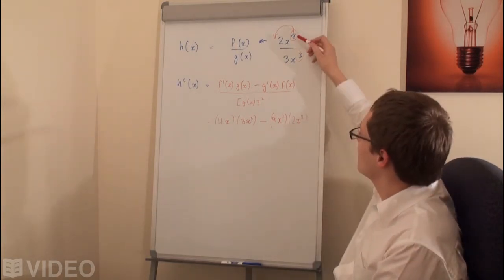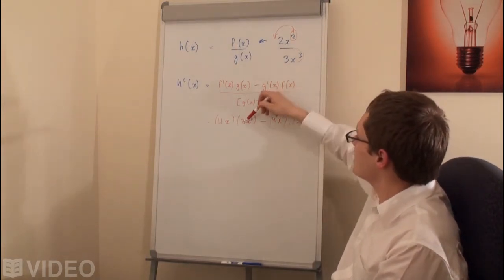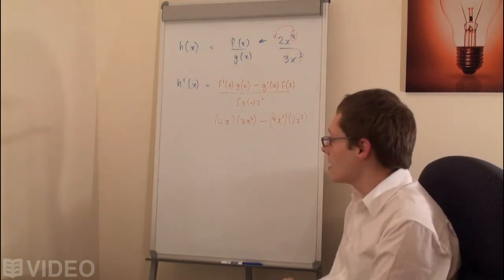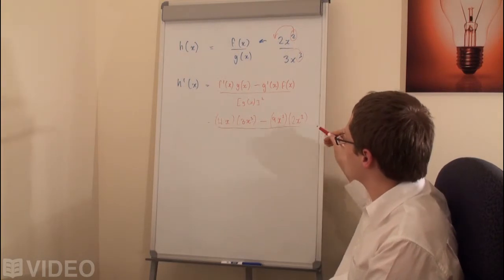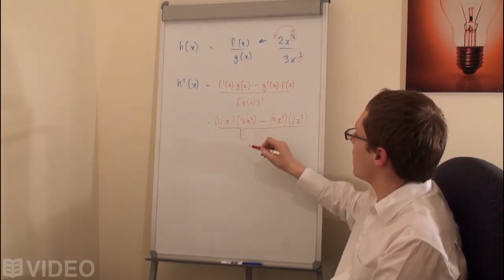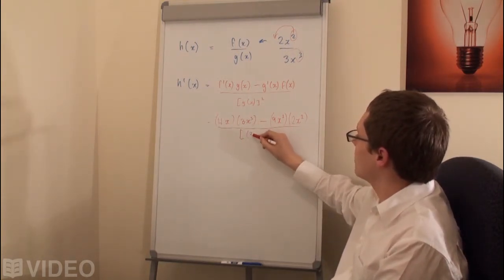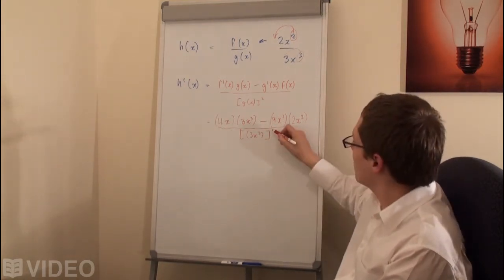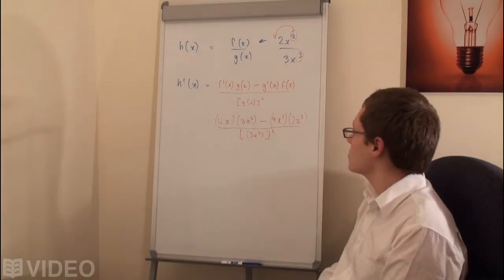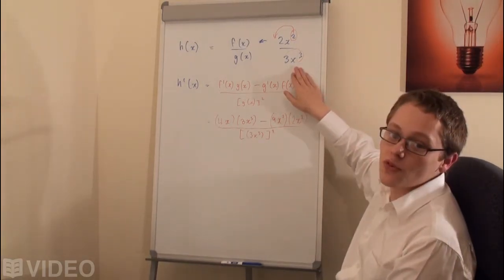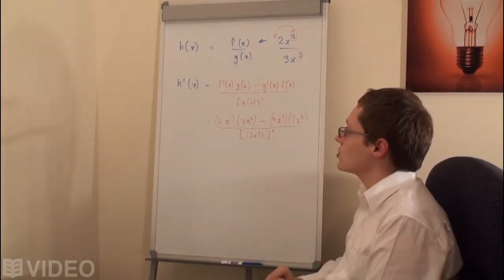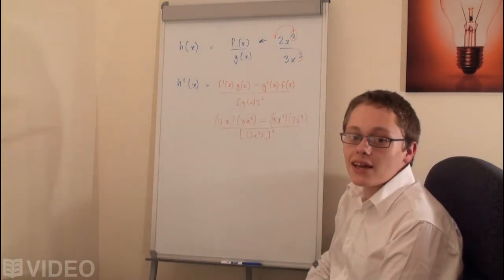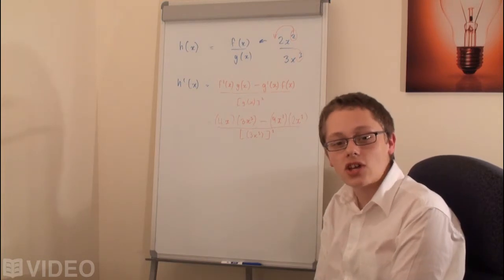So as you see, we've got the original function parts in there, and then we've also got their derivatives as well. But here's a little twist with quotient rule. We need to divide it by the denominator squared. So it needs to be divided by 3x to the 3 squared. That's just the g of x as it was before. So key things to remember with this notation is that if we have a prime in there, it means take the derivative of that term.